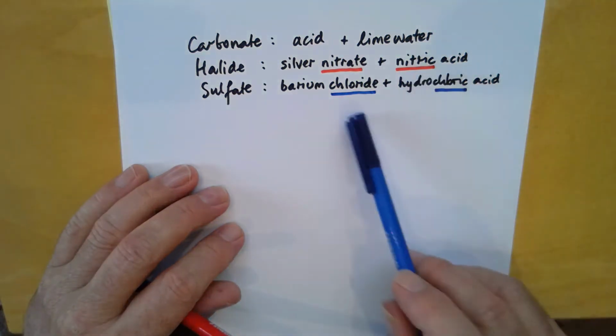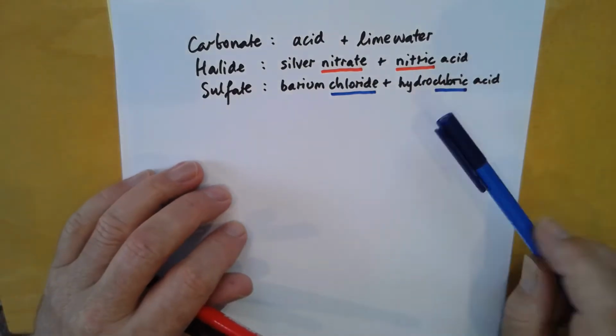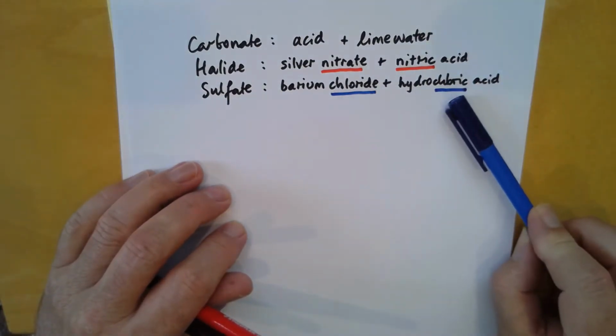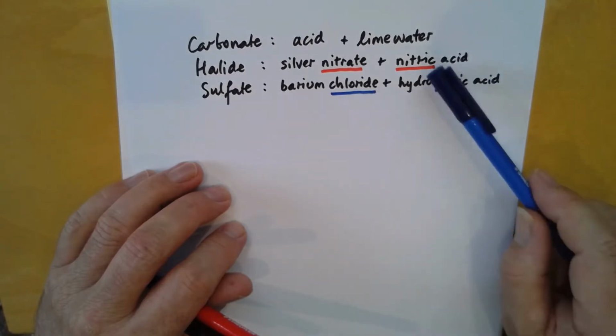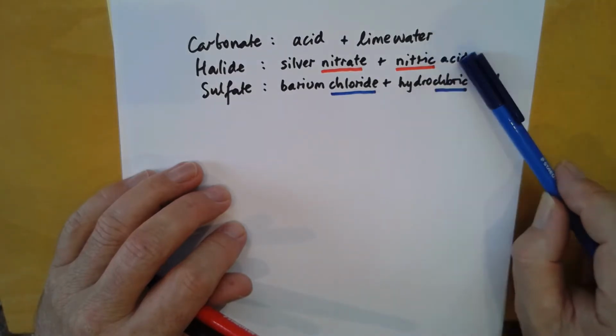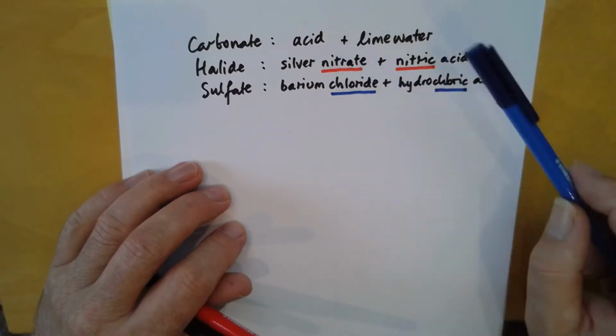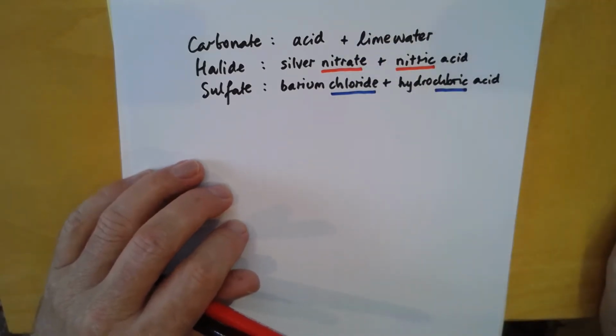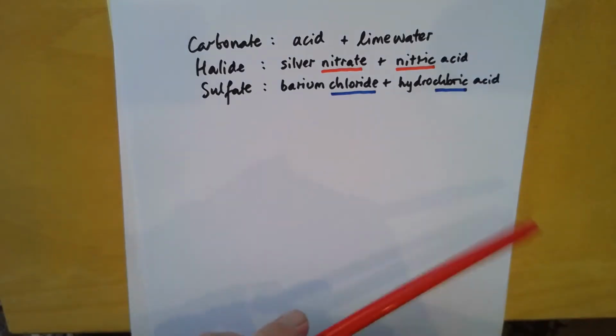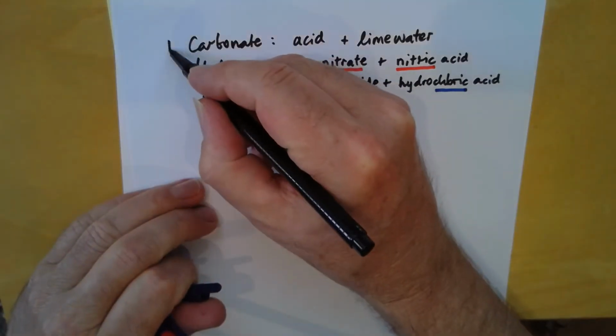And we want to introduce as few ions as possible. So by using hydrochloric acid, we're only introducing Cl- ions, and by using nitric acid, we're only adding nitrate ions. We've already got some of those in our other reactant. So that was number one.